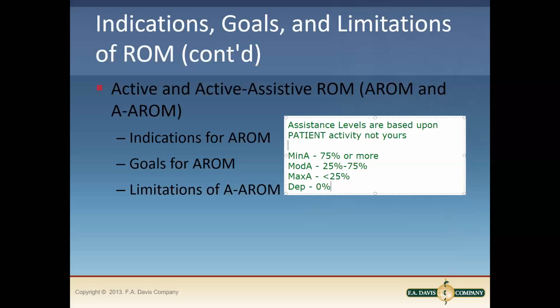So that begs the question, what if you're sitting there and you're going, man, I think the patient's doing 75%, but is he doing 75 or is he doing 74% or 73 and a half or 73 and 2/3? What do you think would be better for your documentation to do at that point?